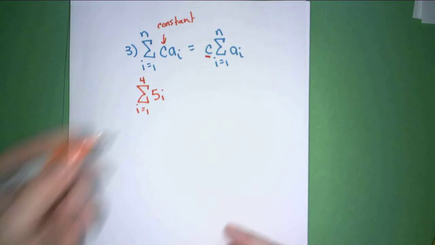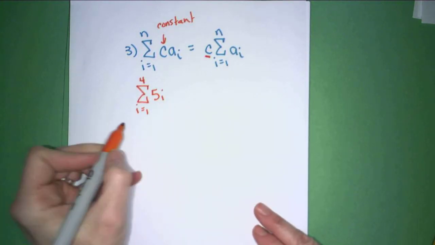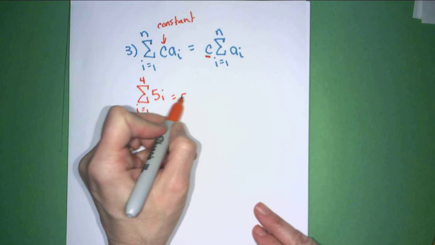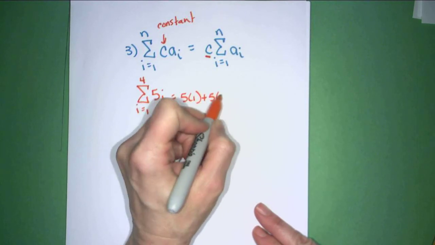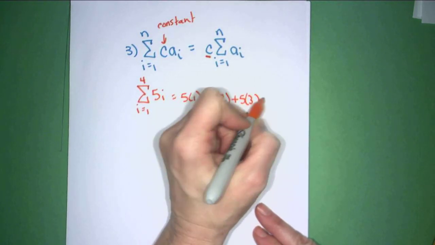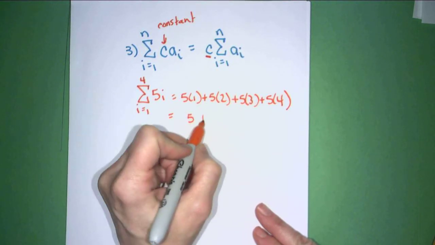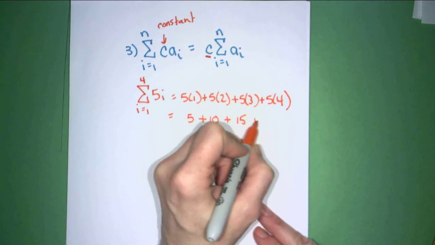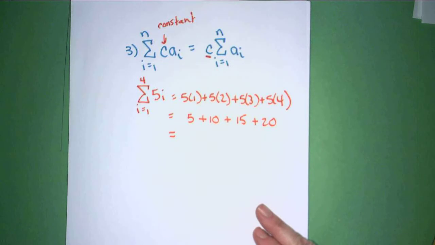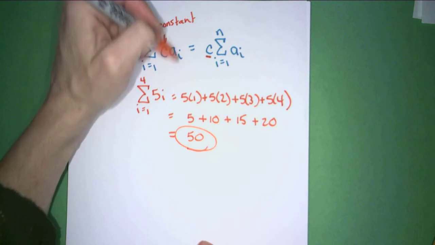Well, if you just leave it like it is, you would have 5 times 1 plus 5 times 2 plus 5 times 3 plus 5 times 4. So that would be 5 and 10 and 15 and 20, which is going to be 50. So that's your answer if you do it just leaving the constant inside.